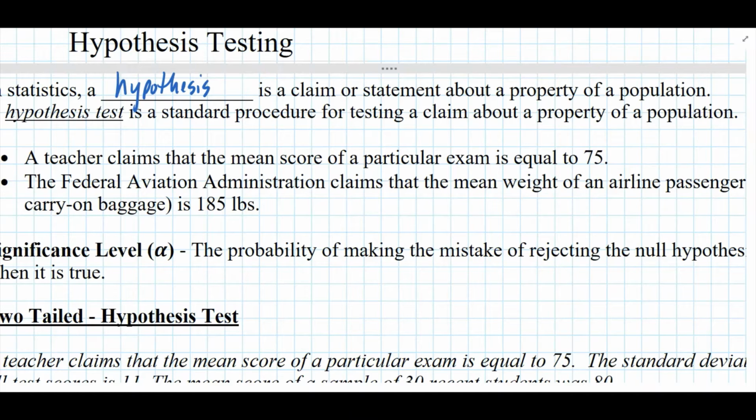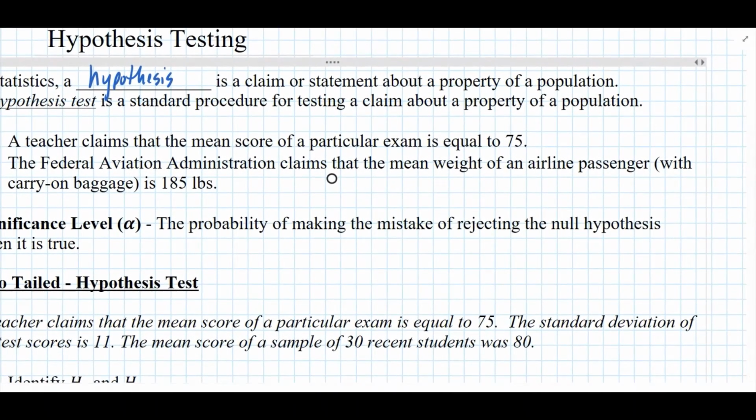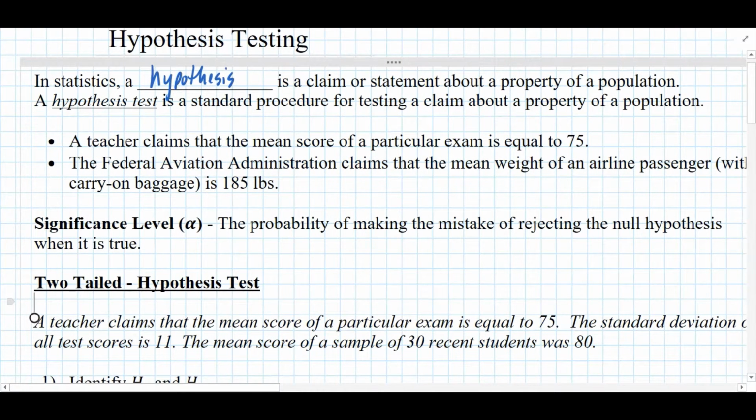If the actual mean is different than this, the teacher may need to modify his or her test. Another claim by the FAA is that the mean weight of an airline passenger with carry-on baggage is 185 pounds. Of course, it is important to obtain the correct average weight when determining safe payload capacities of aircraft.